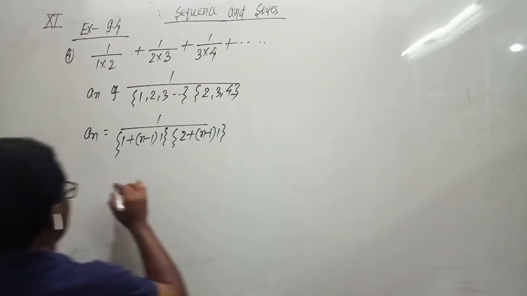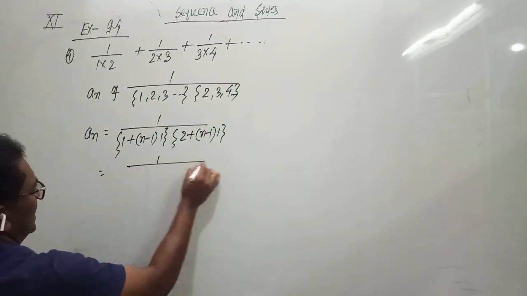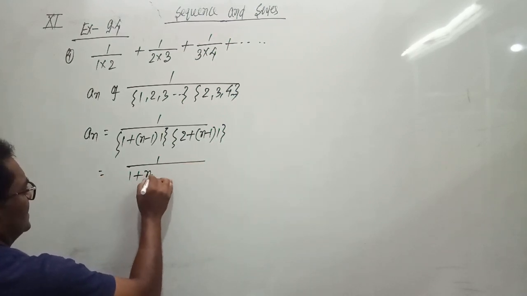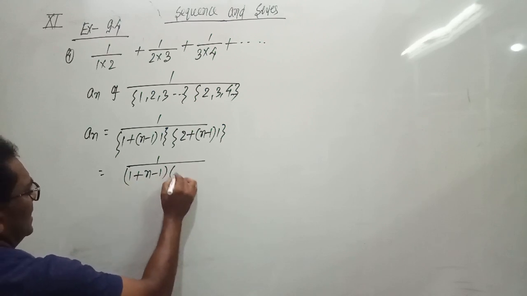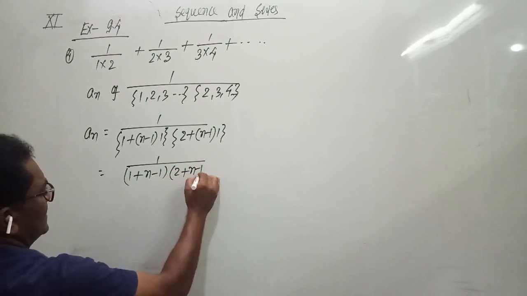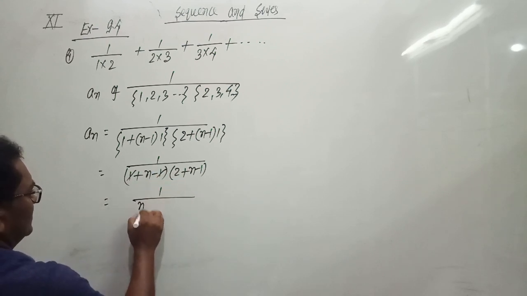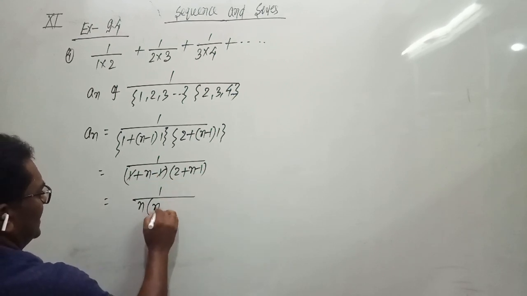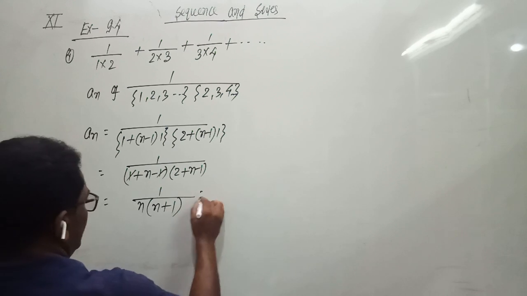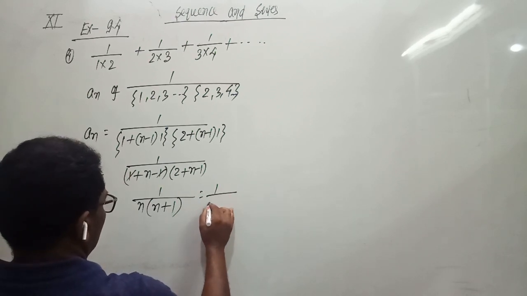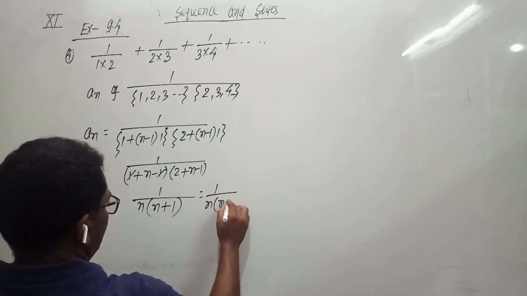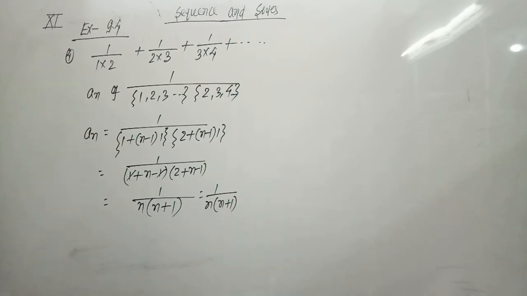So we get 1 upon 1 plus n minus 1 and 2 plus n minus 1. So 1 and 1 cancel and n plus 1. It becomes 1 upon n into n plus 1. This is the nth term of the sequence.